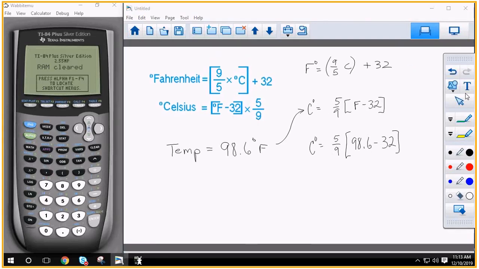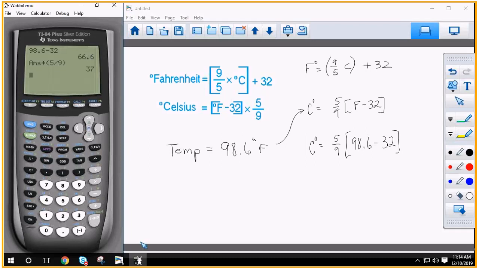And I'm going to click it in. 98.6 minus 32 is equal to that. And I'm going to multiply that, parentheses, by 5 divided by 9, close parentheses.